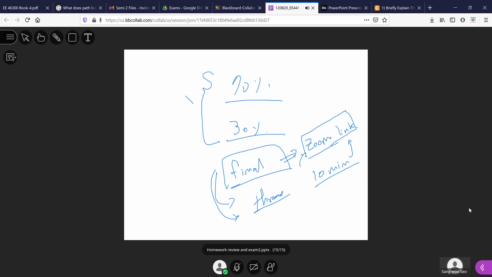And then the final grade, as I mentioned, I'm going to curve. Later on I calculate all the performance of your exams, homework, and everything.